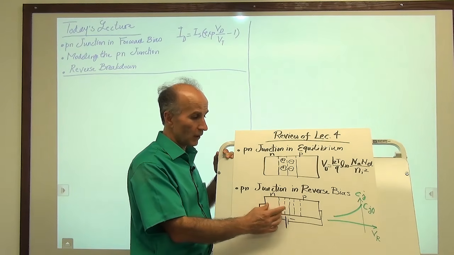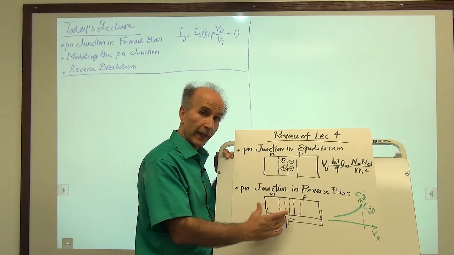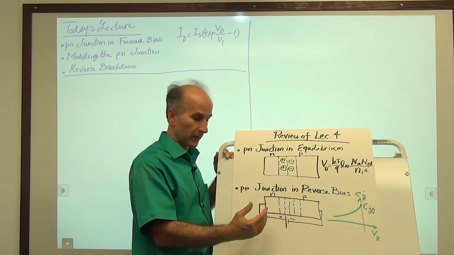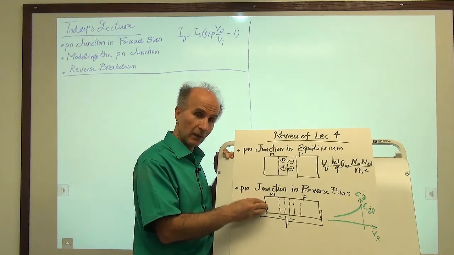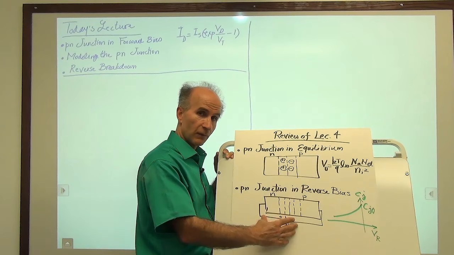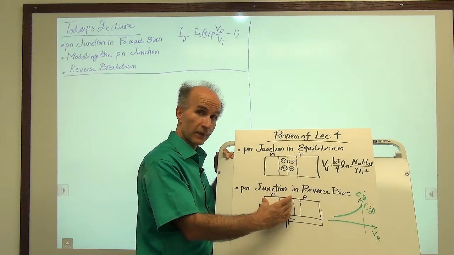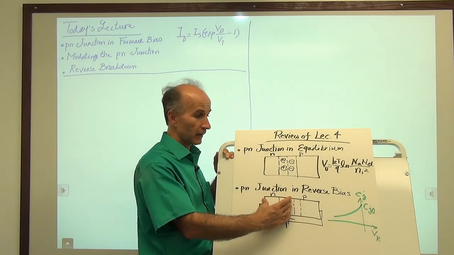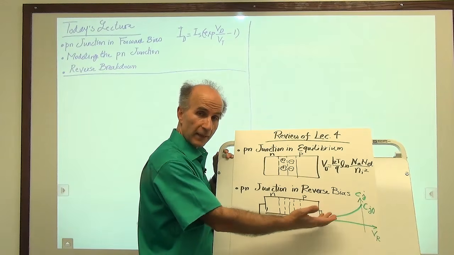So we saw that we can establish an analogy between what we have here and a capacitor with two plates. One plate is this conductive material here, and the other is this conductive material here. And as we change this voltage, the capacitance associated with this junction changes. And we saw that it has this form as expected.